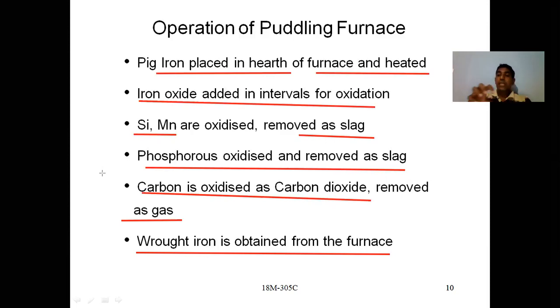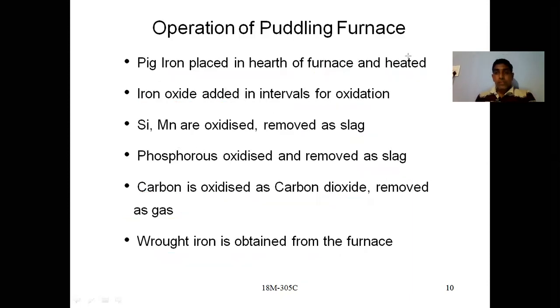We can easily remove that slag, and later we can collect the molten metal by using the tap hole, and in this way we will get the wrought iron from the puddling furnace. Okay, so this is the operation of a puddling furnace. You can write these sentences in a beautiful way to describe this operation of a puddling furnace.